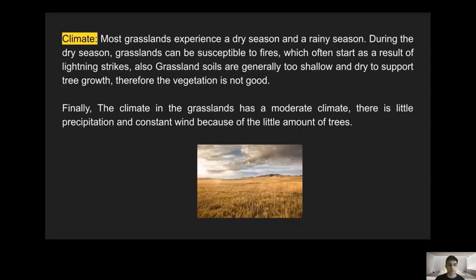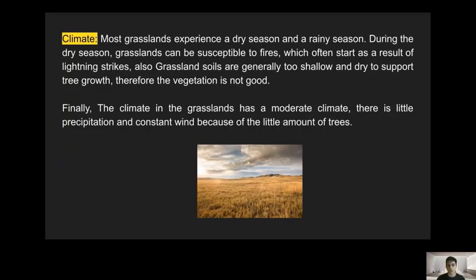Now, the climate. Well, most of the grassland experiences a dry season and a rainy season. In the dry season, grasslands can be susceptible to fire, which often starts as a result of lightning strikes. Grassland soils are generally too shallow and dry to support thick growth.